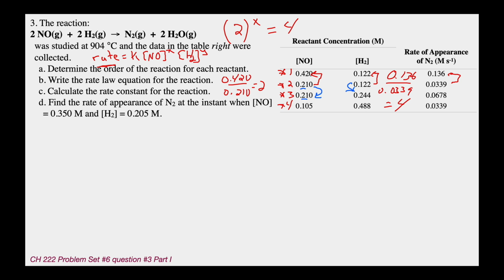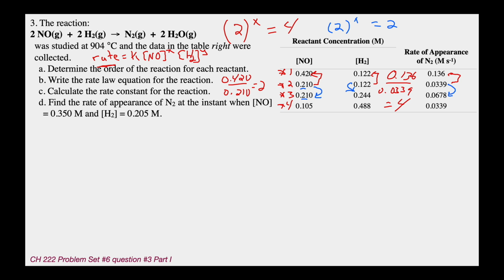And if you do the same thing by looking at the rates over there, 0.0678 divided by 0.0339, that's a factor of 2 as well. So for H2, we have a change in the concentration of H2 to the X equals 2. That little x or y, as I wrote earlier, either way, can only be 0, 1, and 2. The only time where 2 to the x equals 2 is if the order equals 1.